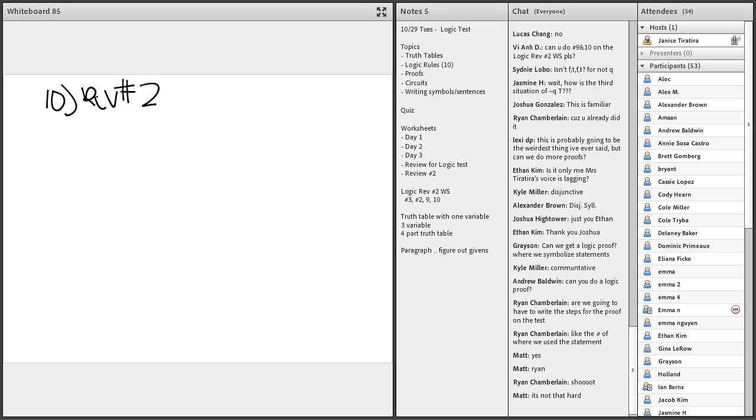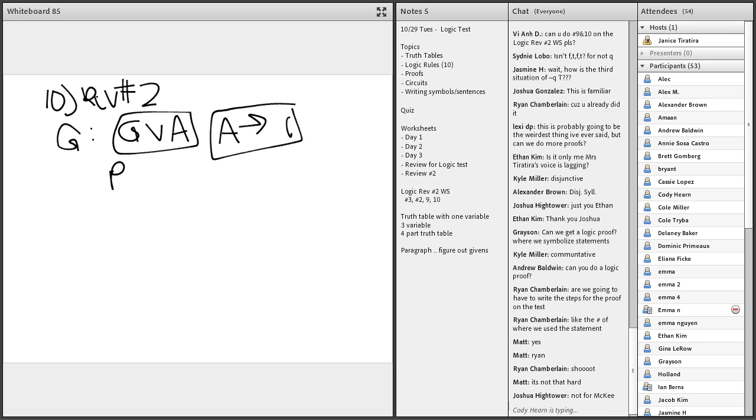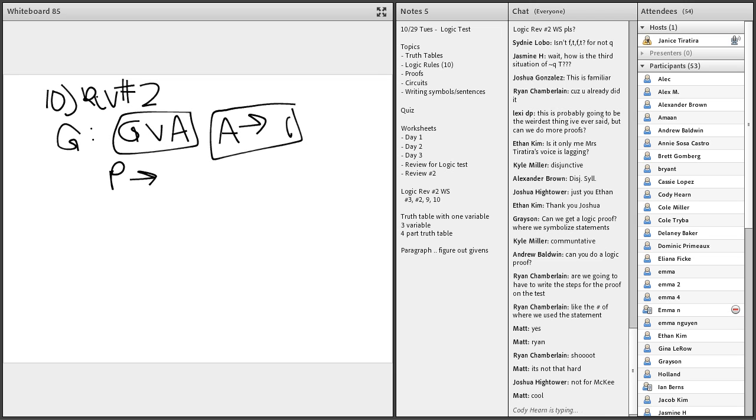So this is or, so I'm going to put G or A. Then the second sentence is if I do the algebra question, so arrow, then I get it correct, C. And then the third sentence is if I lose points, that represents letter P, then I did not get the algebra question correct. So that's not C. And last one is it is known that I lost points. I lose points, so not P.